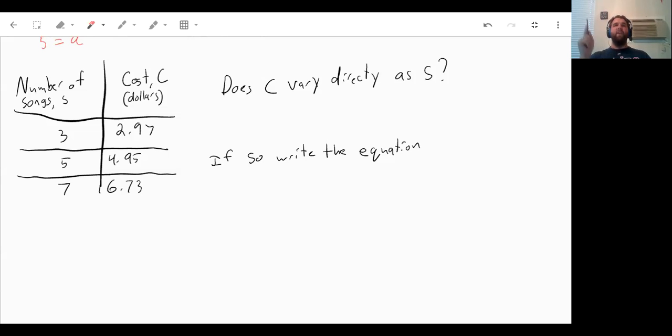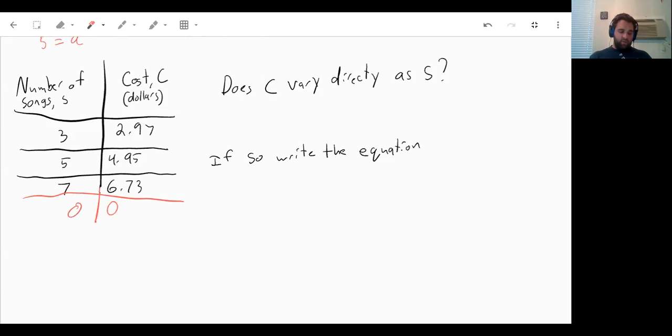Well, if you think about it logically, how much does it cost you to buy 0 things? Well, if you're buying 0 things, that should cost $0. So ideally, there would also be a point that says at 0 songs, it costs us $0. So now all we need to make sure is just that the slope remains constant.